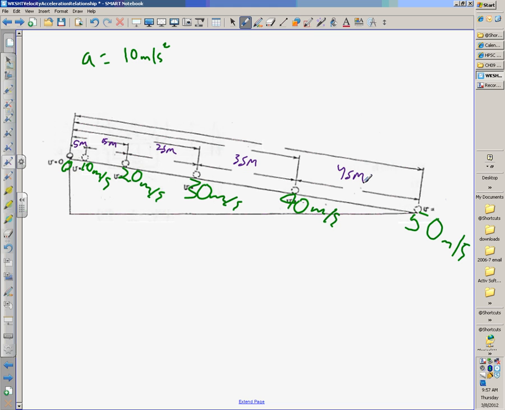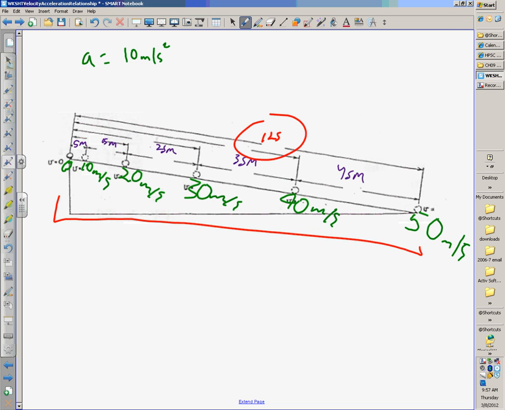Okay. So that means that for the entire ramp, we can do one of two ways. We either add them all up, or if we go from here all the way to here, what would be the average velocity? 25 for a total of 5 seconds.